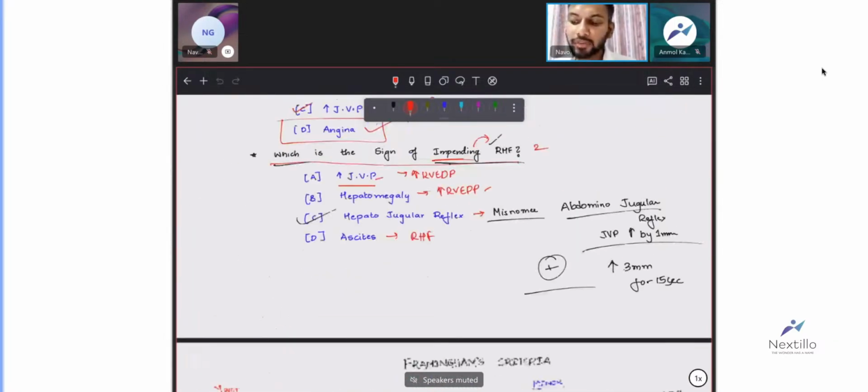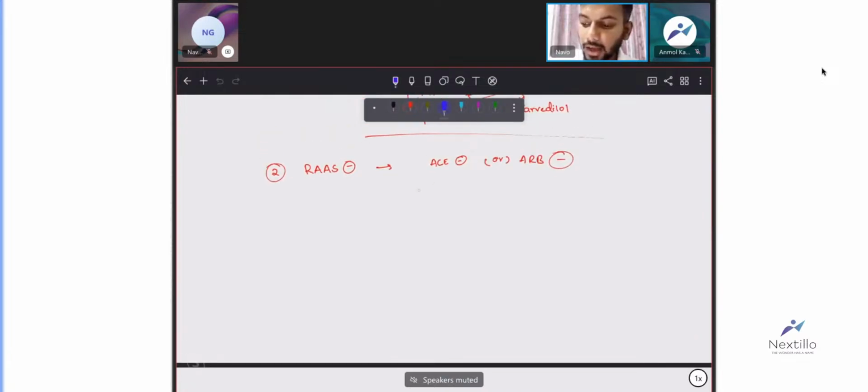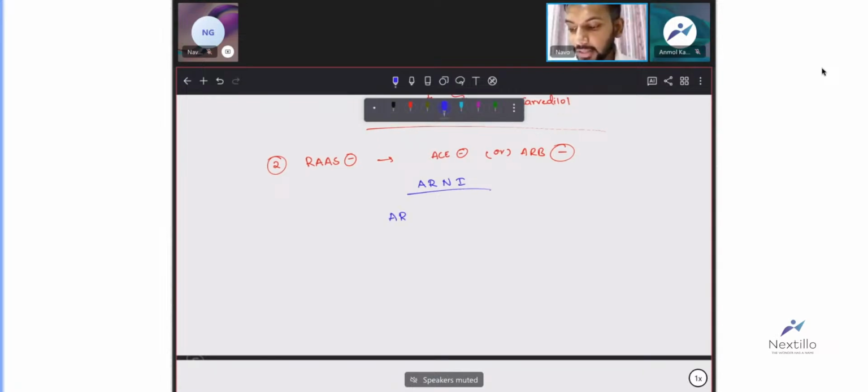Now we have come up with a new drug that is even better than ACE inhibitors. The name is ARNI. What is the meaning of ARNI? It is angiotensin receptor blocker plus neprilysin inhibitor. What is the meaning of neprilysin inhibitor?